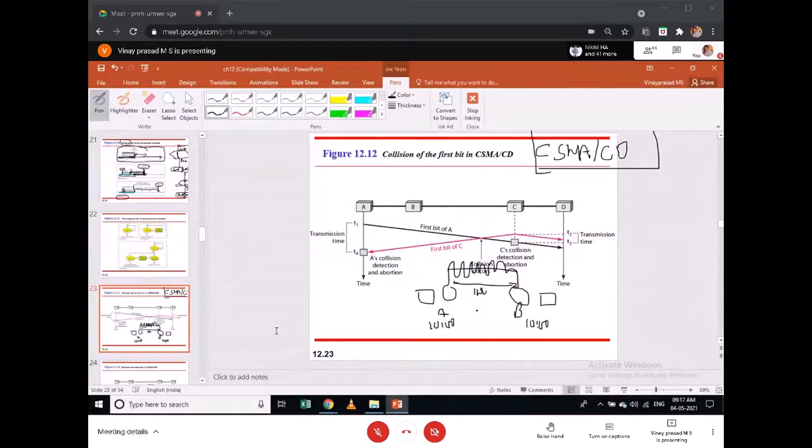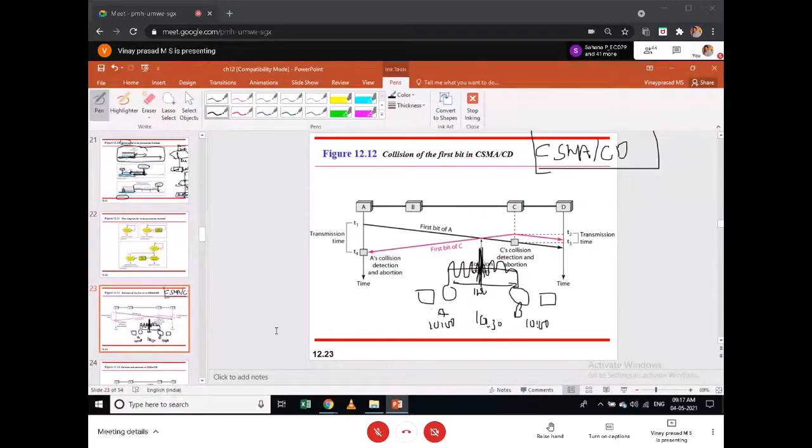At exactly 10:30, what will happen? Station A's data will reach half of the length of the channel, and station B's signal will also reach half of its length. At exactly 10:30, there will be a collision between station A's data and station B's data.